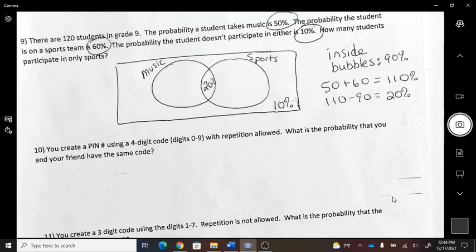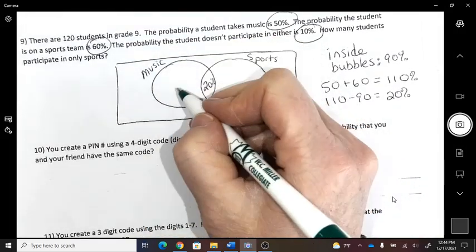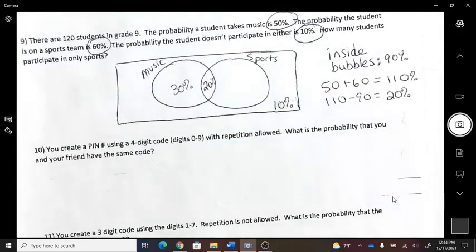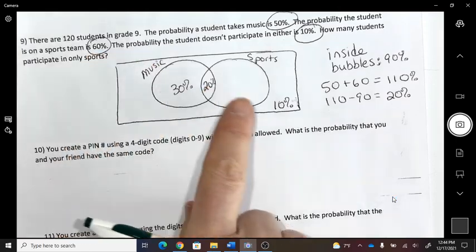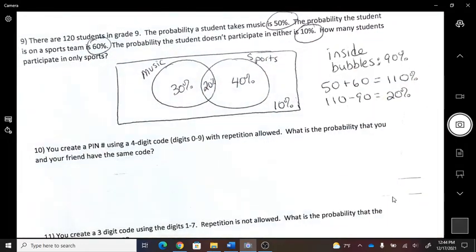Okay, now we'll go back to the music. So music needs 50, which would mean this is 30, because now I have a 50% inside there altogether. And 60% with sports, so now this needs to be 40.